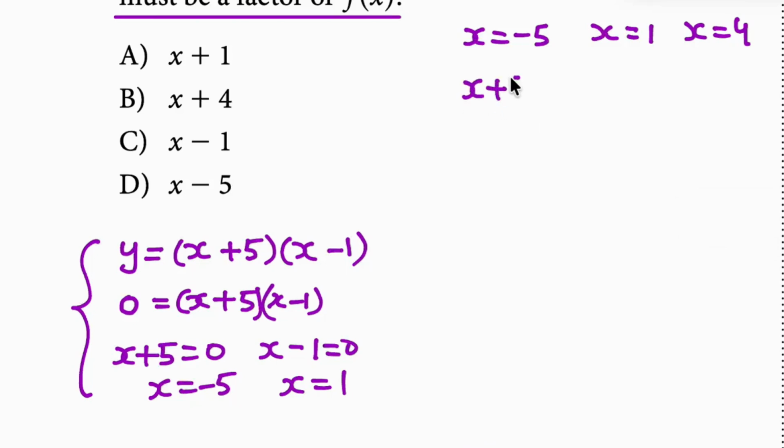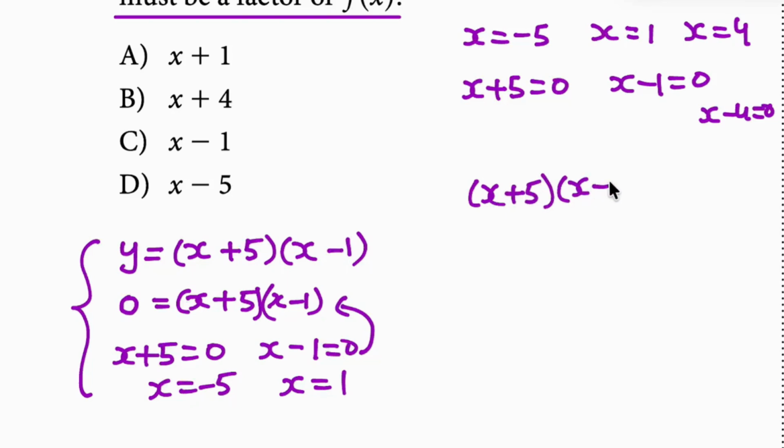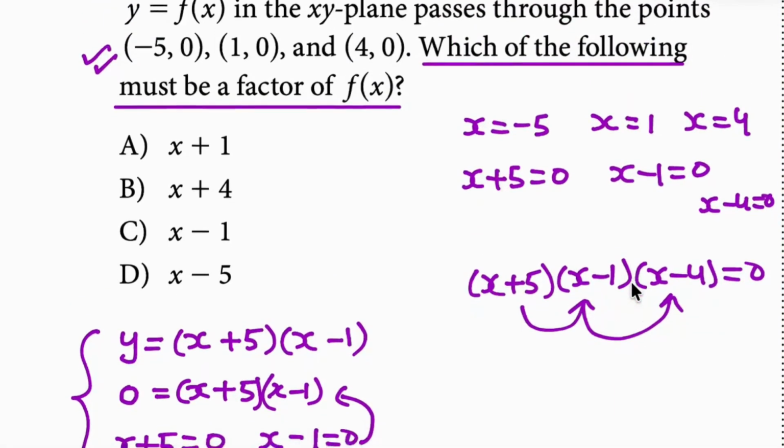So x + 5 = 0, x - 1 = 0 and x - 4 = 0. In the next step, I move to (x + 5)(x - 1)(x - 4) = 0. So these are the three factors of this polynomial.